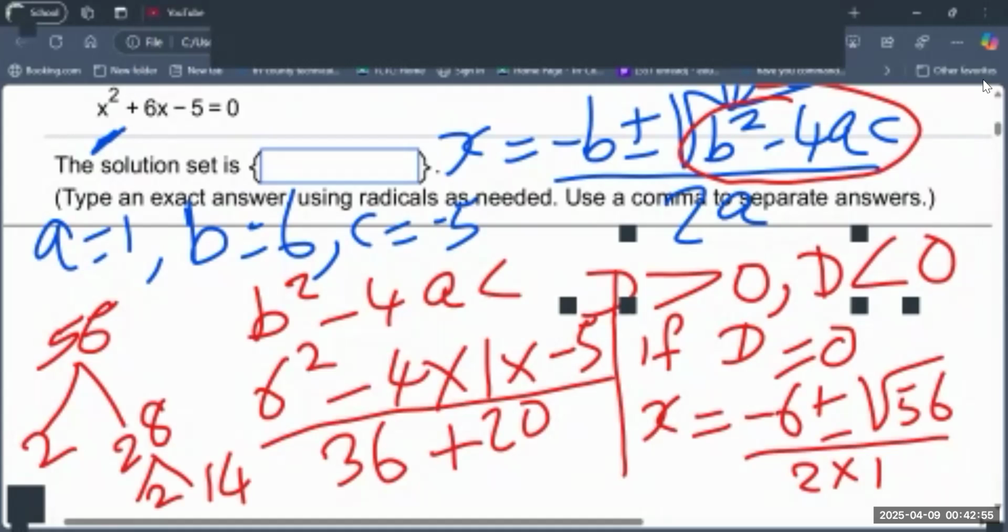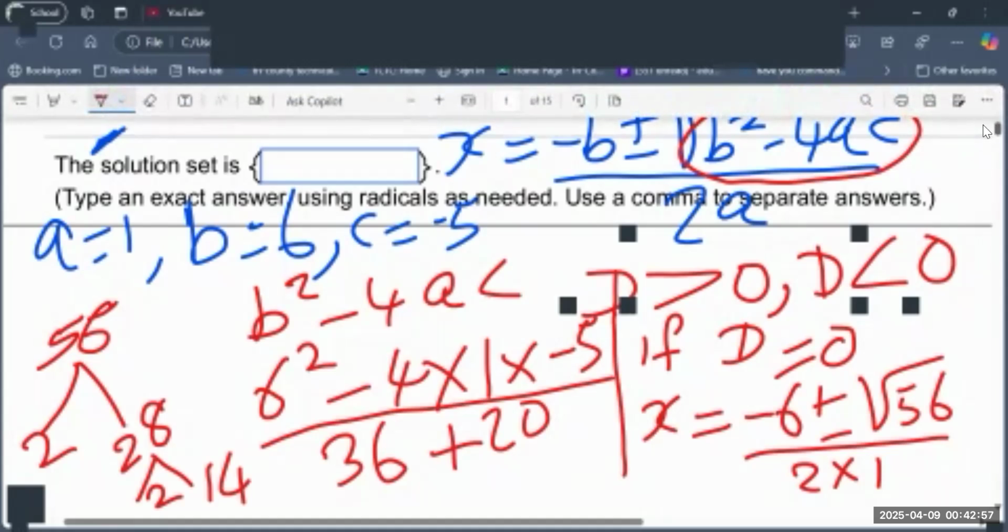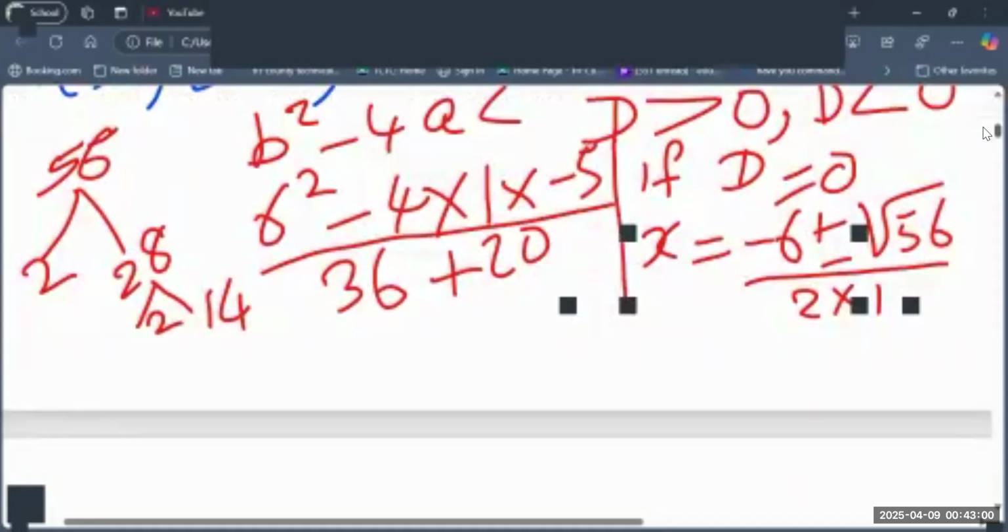That's almost all I need because I just need the factors. 2 can go into 14, I have 2 and 7. So I have the factors.